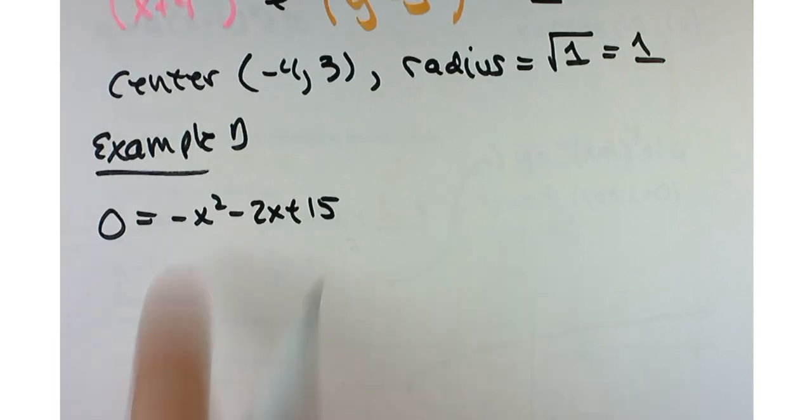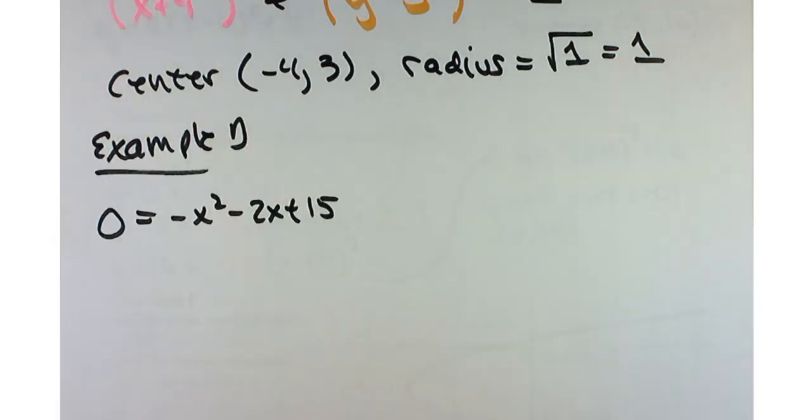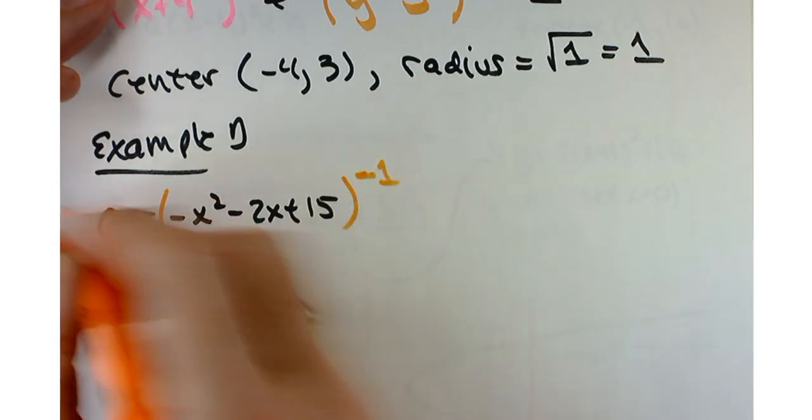It's really kind of a pain to have that negative there. It would be nice if it was positive. Go ahead, Colby. Just multiply by negative 1. Yeah, we're going to multiply both sides by negative 1.